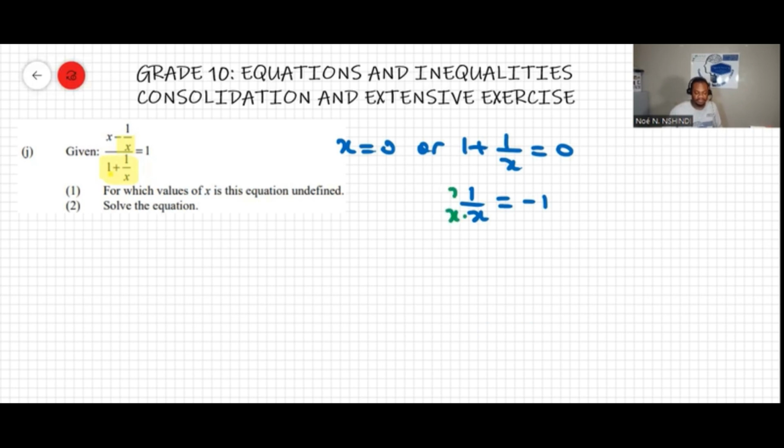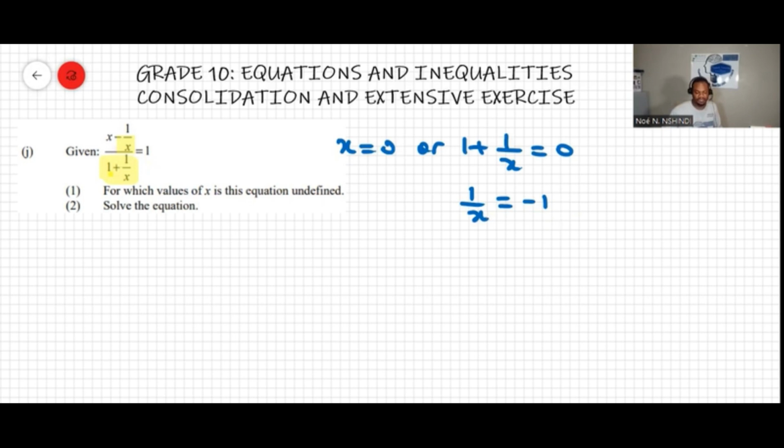Wait a second, I think we need to get rid of the denominator, or we can just cross multiply.